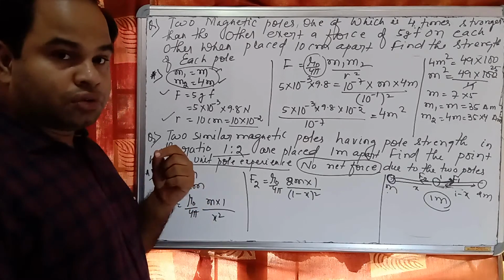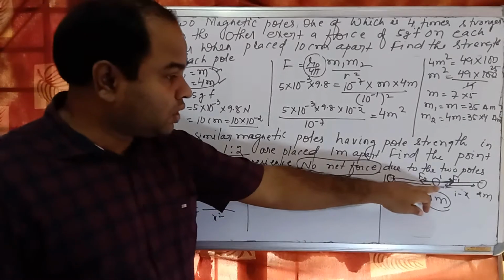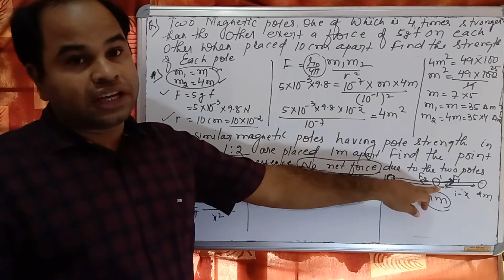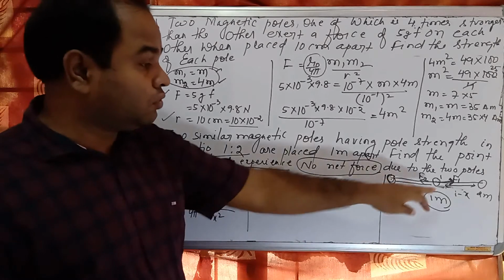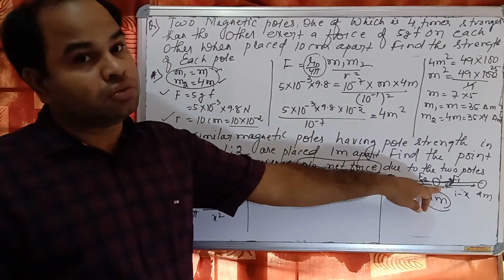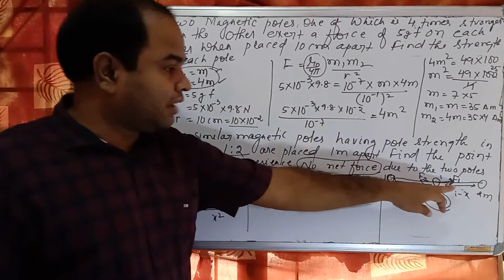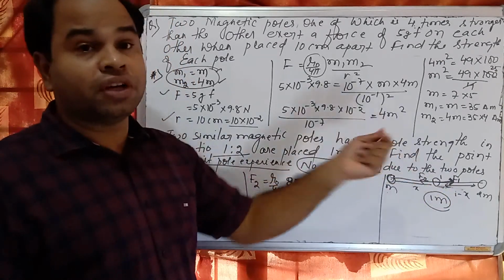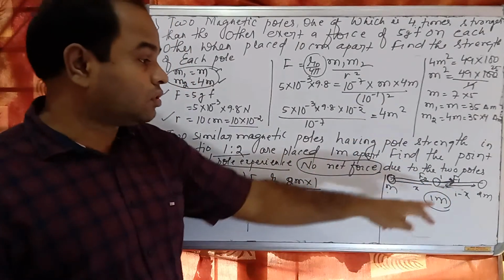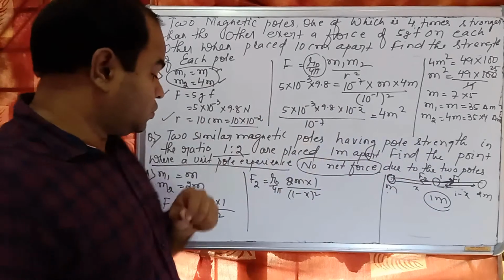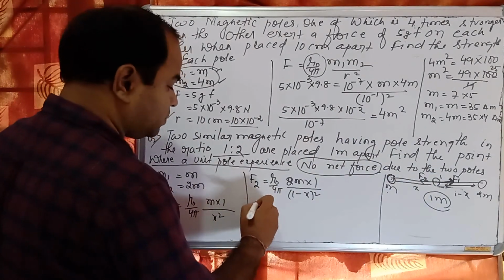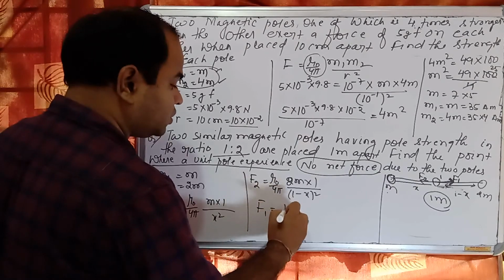So as per the question, the unit pole will experience no net force. If no force acts on the unit pole, that means F1 is equal to F2. If F1 equals F2, then the net force on the unit pole is 0. So as per the condition, F1 is equal to F2.